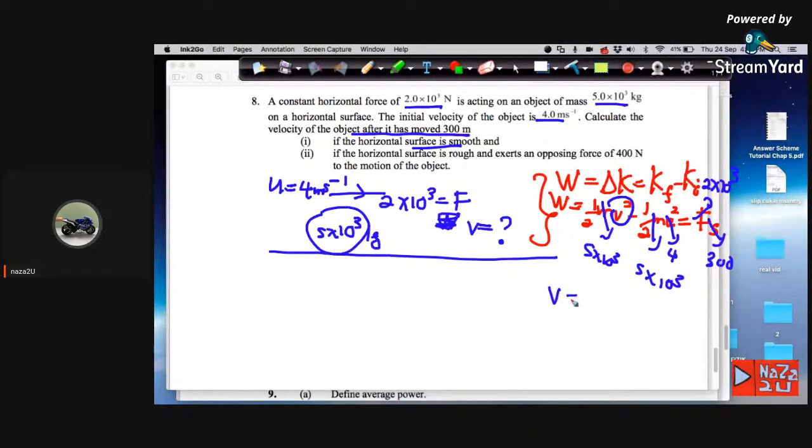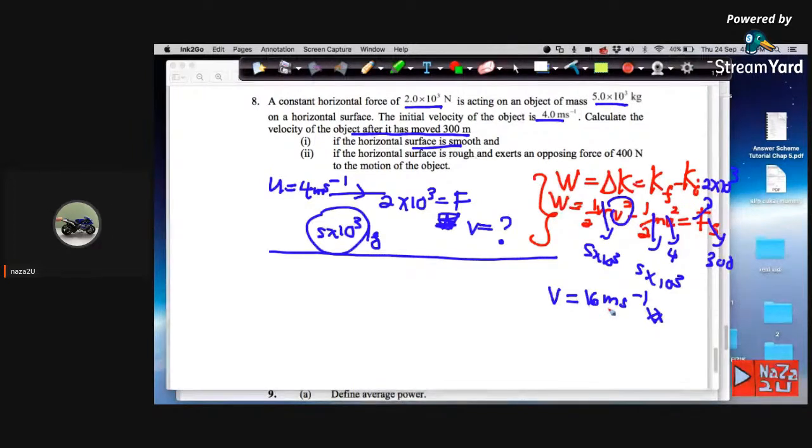So you can find the final velocity, this is half times 5 exponent 3, this is half, divided by 4, 300. So the v here is equal to 16 meter per second. Boleh kira sendiri, ni jawapan yang dekat sini, 16 meter per second.